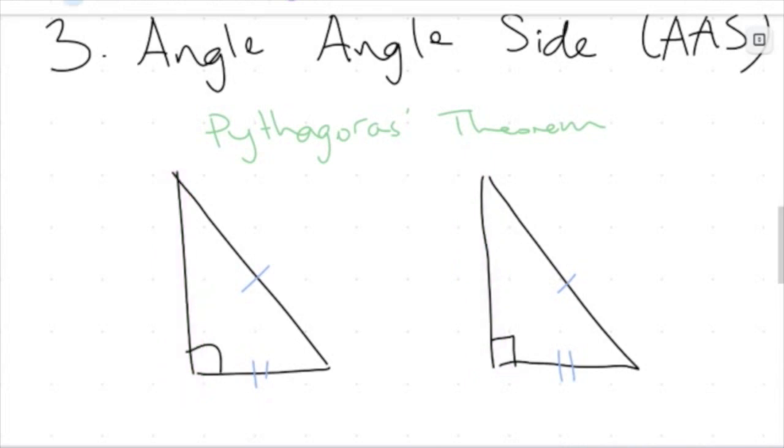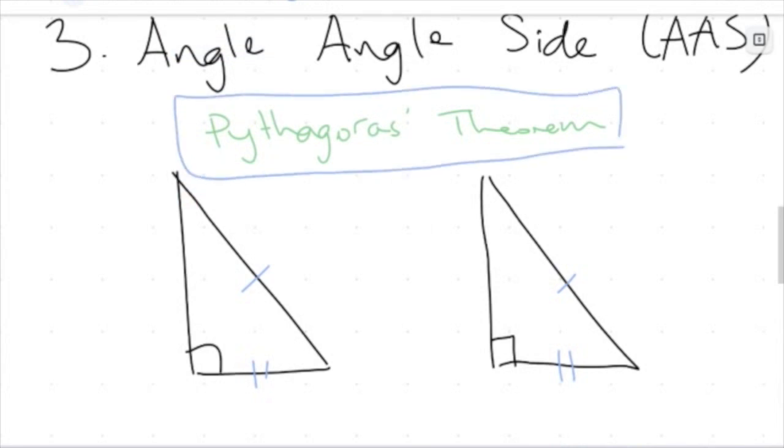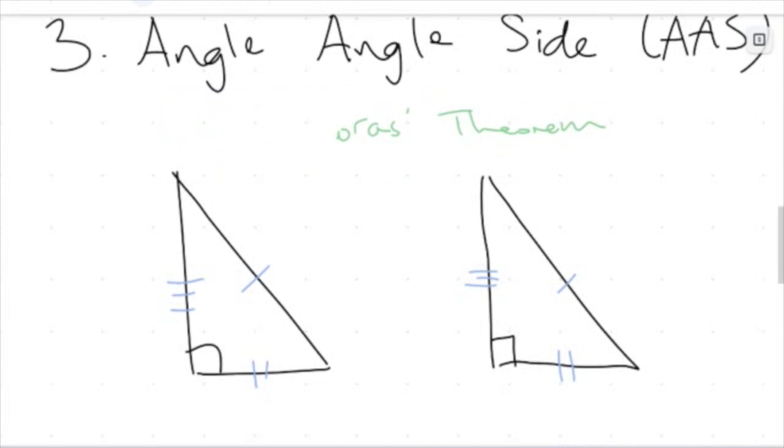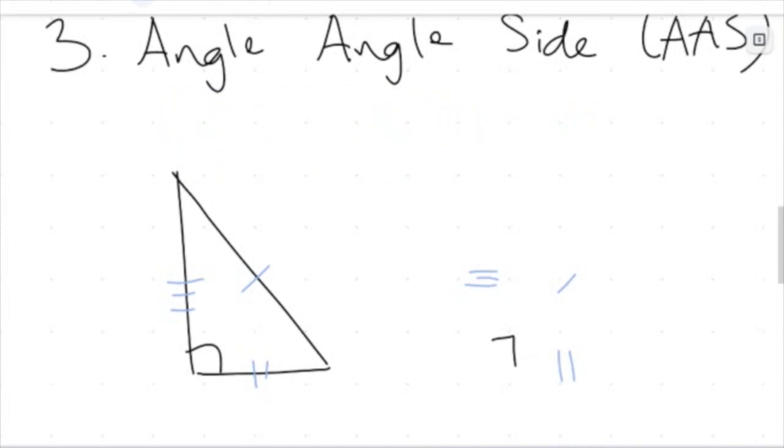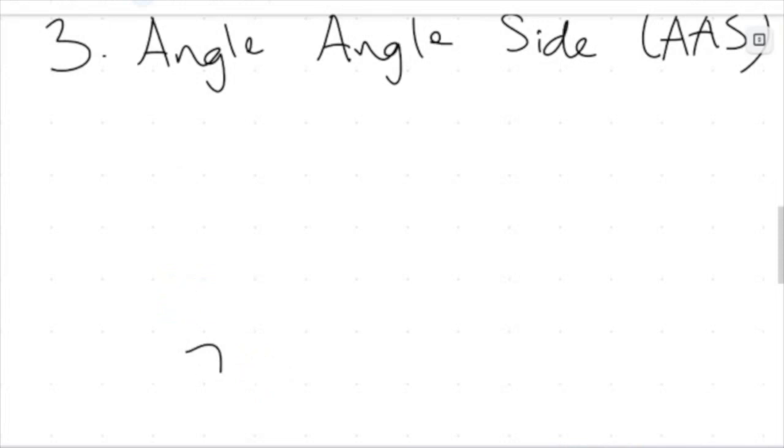Well, because we can use Pythagoras' theorem to find the third side. And if two sides are equal, as well as it being a right angle, so the condition for us to even use this theorem in the first place, we can say that these final two pairs of sides are equal. And that is our final test for congruence.